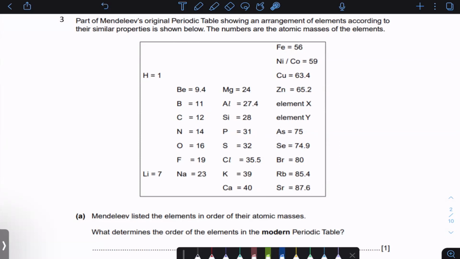What is the order based on in the modern periodic table? Number of protons. Yes, protons. Electrons तो कम ज़्यादा हो सकते, but protons are the ones that define what the element is. So the modern periodic table arranges things on the basis of proton number or atomic number. That's another difference that we have.